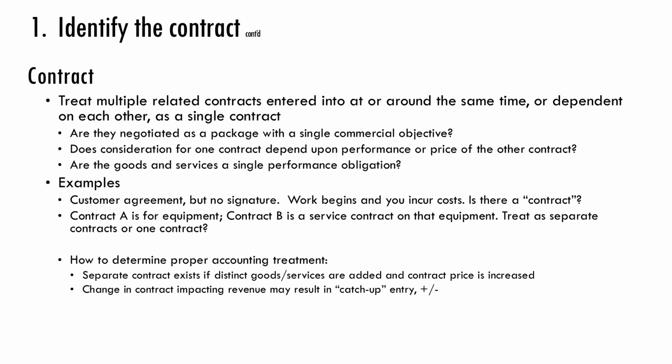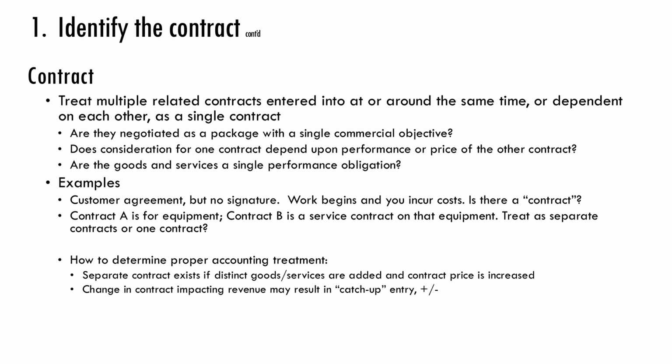We talk about the equipment and service contract. Are you selling them as related items? Is one dependent upon the other? So how do you determine the proper accounting treatment? Separate contracts exist if different goods or services are added or the contract price is increased. Now, does that mean it's a new contract?